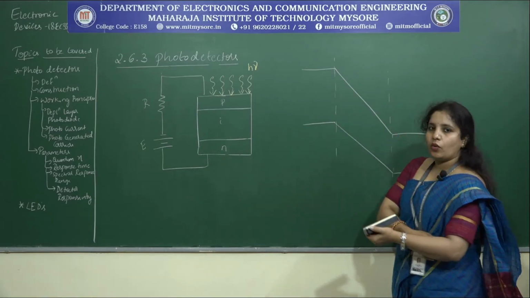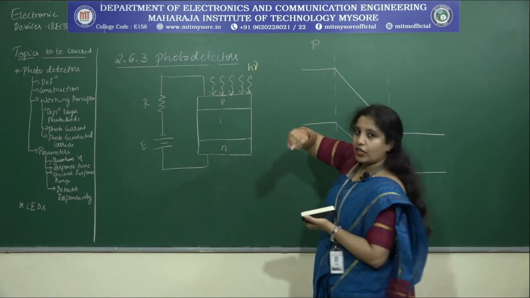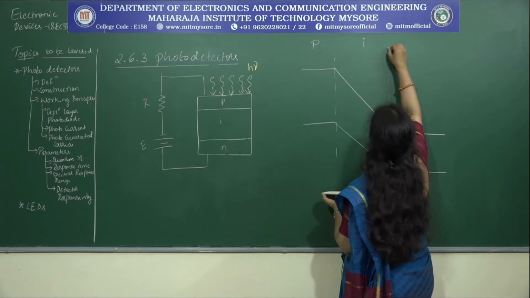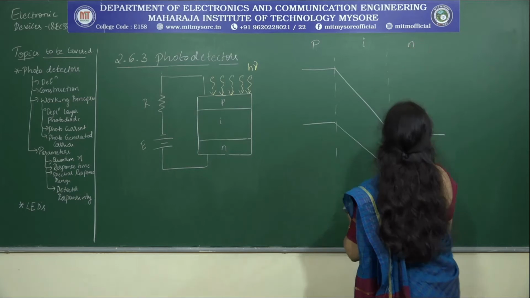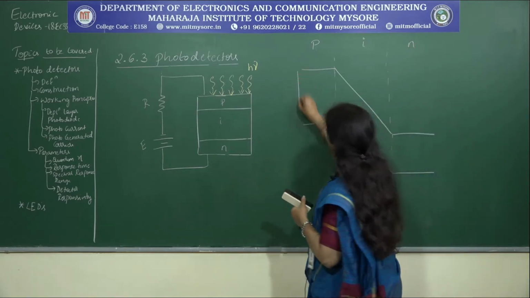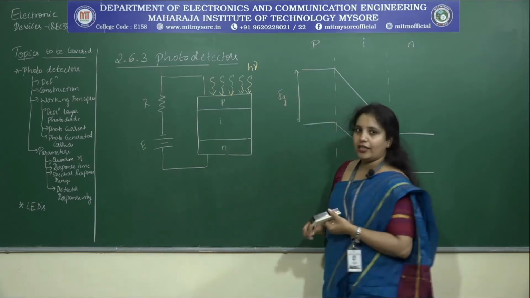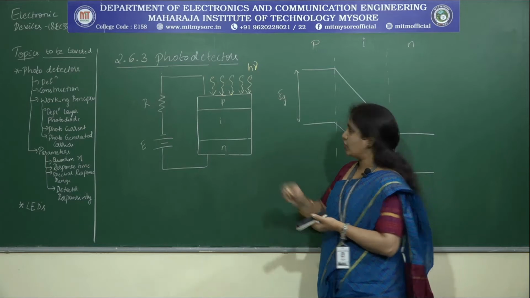Now, this is how I will be representing. What is this region? This is your P region, this is your intrinsic region, and this is your N region. Done? Now, what do we have in between these two? This is your energy gap, that is the semiconductor energy gap.